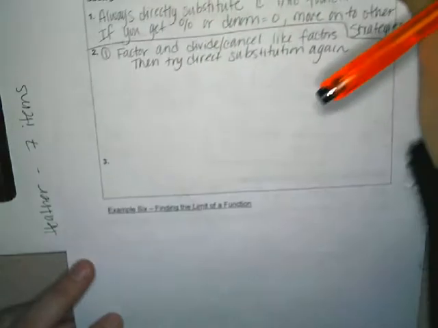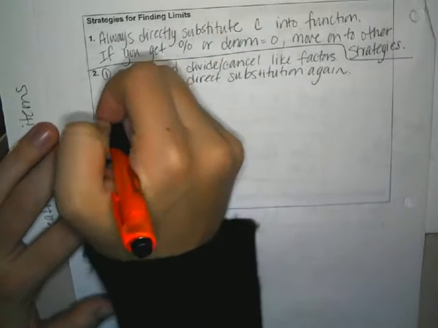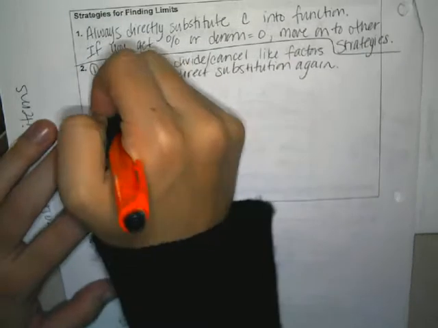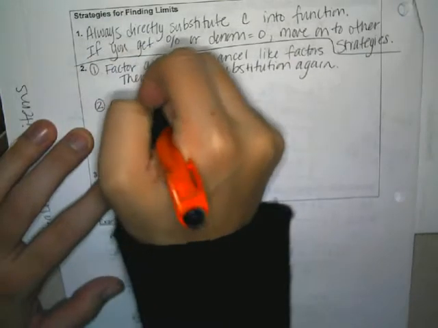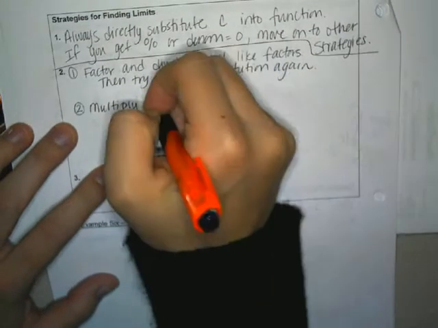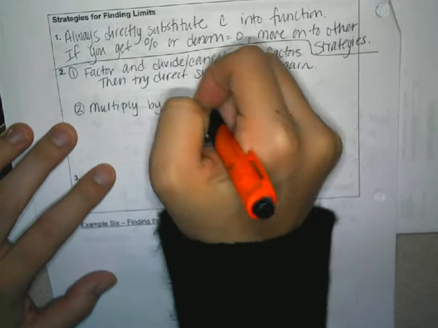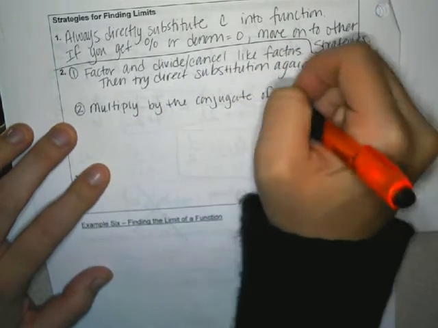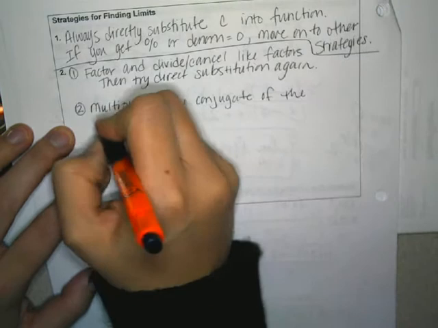All right. Now flipping the page, we're going to add that to my strategies here. So factor and divide, cancel out like factors, then try direct substitution again. The second strategy that you can use is to multiply by the conjugate of the numerator.